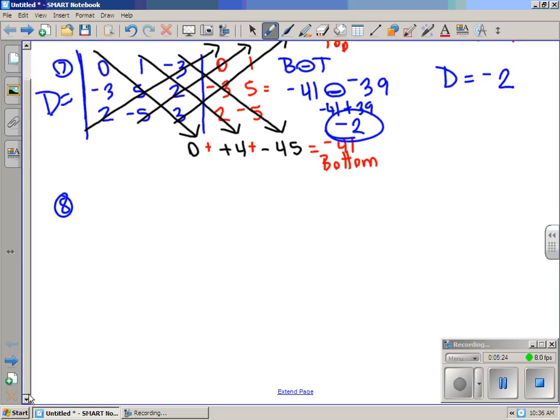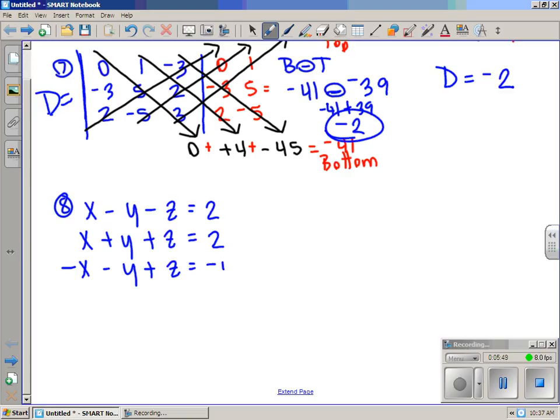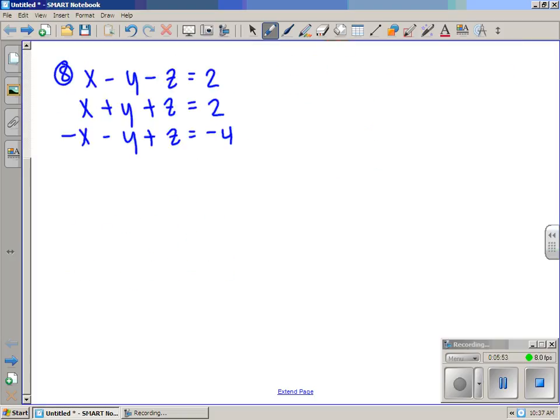All right, number 8. Let's actually work a real problem. x minus y minus z equals 2. x plus y plus z equals 2. And negative x minus y plus z equals negative 4. This is usually what we use determinants for.